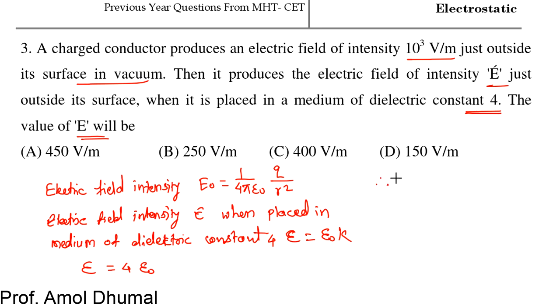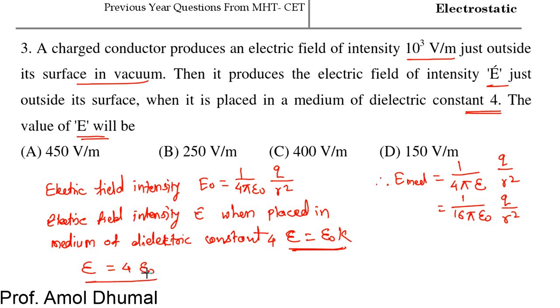Therefore, the electric field intensity of the medium becomes 1 upon 4 pi epsilon Q upon R square, which is 1 by 16 pi epsilon 0 Q upon R square. So the dielectric constant is 4.